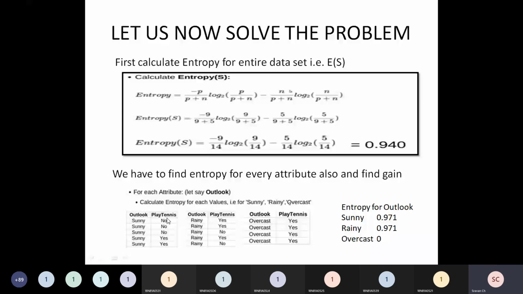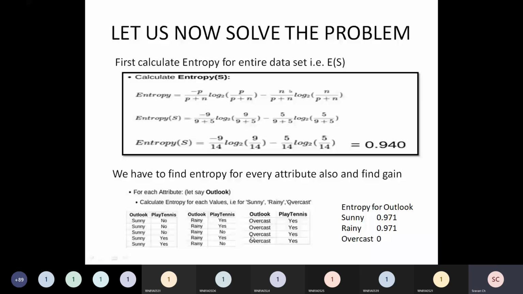Sunny no, sunny no, sunny no, sunny yes, sunny yes. From where did I get it? From my main data set only. Similarly, rainy yes, rainy yes, rainy no, rainy yes, rainy no. Similarly, overcast yes, yes, yes, yes. So 5 records here, 5 records here, plus 4. 5 plus 5 plus 4, total 14 records.